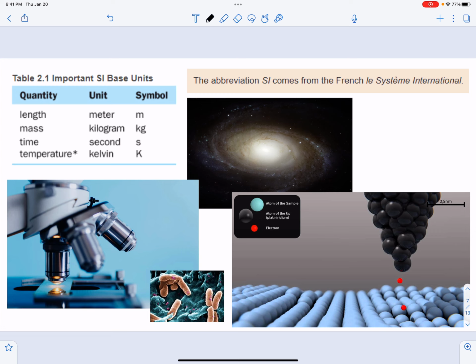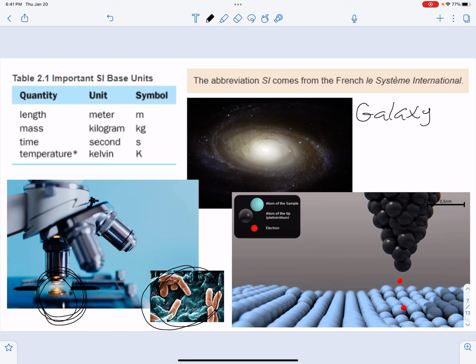So why do we have to use these prefixes? Remember we mentioned earlier that we need to be able to measure in astronomy, for example, a galaxy, how many light years across. We can be measuring something at the microscopic level, like a bacteria, or you can even go further down.